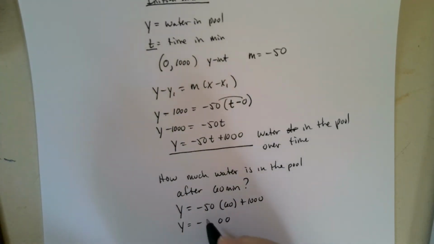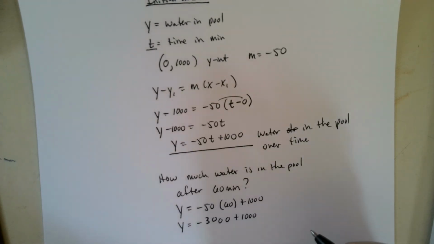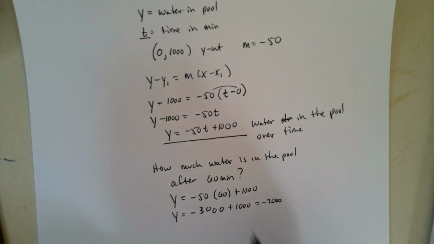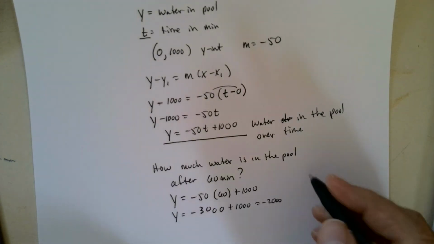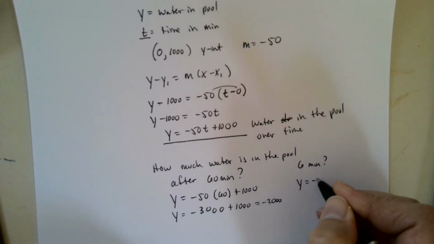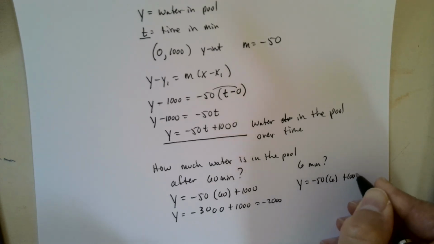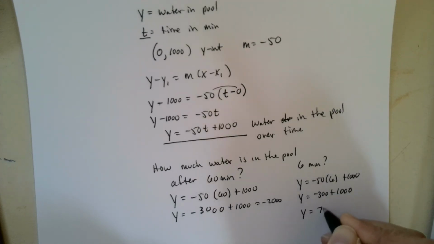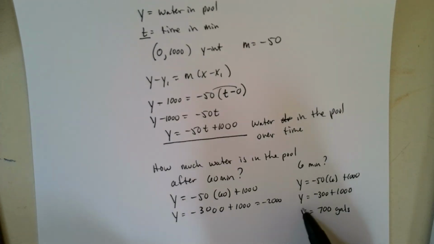If I use 60 minutes, I'm going to get 3,000 gallons have been emptied out of the pool that only had 1,000 in it, and it would be negative 2,000. So that wouldn't be a reasonable question to ask. So always think about your answer and see if it makes sense, because there are only 1,000 gallons to start with. So a better question would be, instead of 60 minutes, 6 minutes. And so if I did 6 minutes, then I would have that 300 gallons had drained out in 6 minutes, and so there would be 700 gallons of water left in the swimming pool.